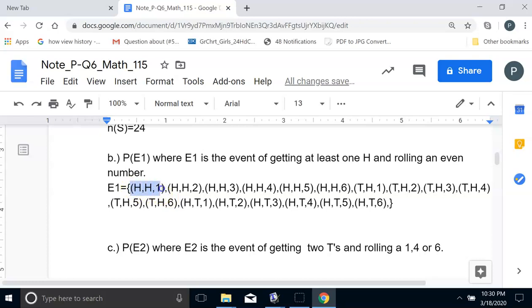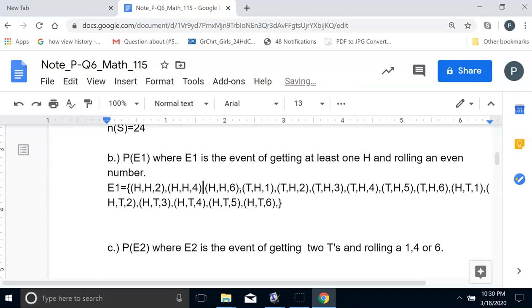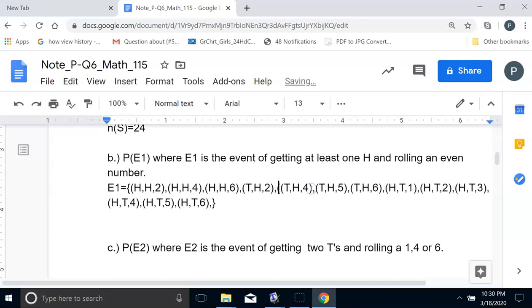All the rest have at least 1 head. So we need an even number. The first one does not have an even number, so take it away. The next one does. Next one, the 3 is not even, so take it away. 4 is even, the 5 is not even, take it away. 6 is even. Next one's 1, take it away, it's odd. And 2 is good. The next one is 3, which is odd, take it away.